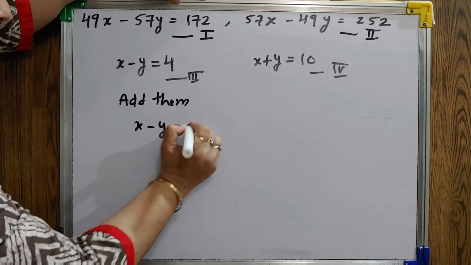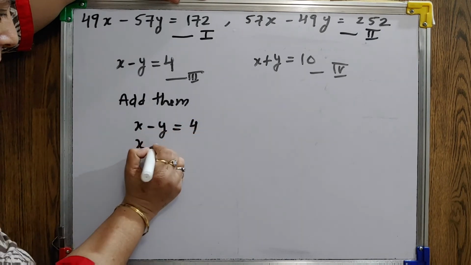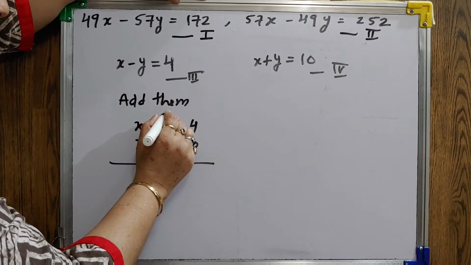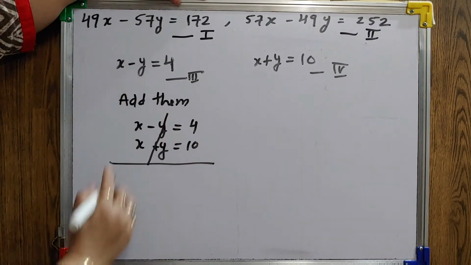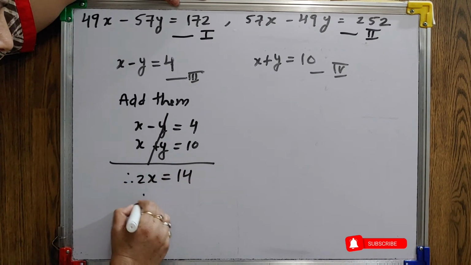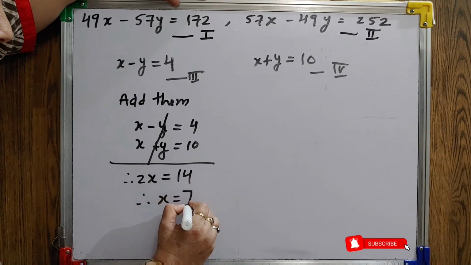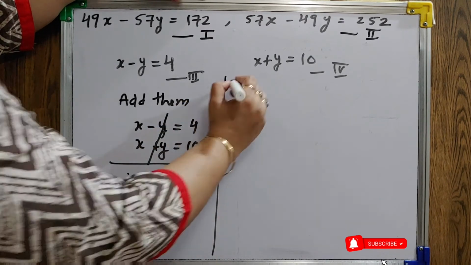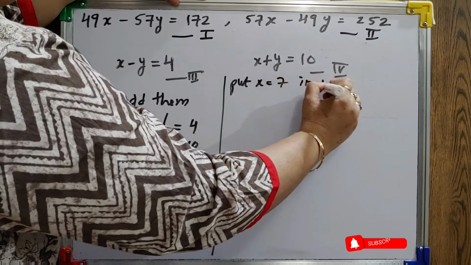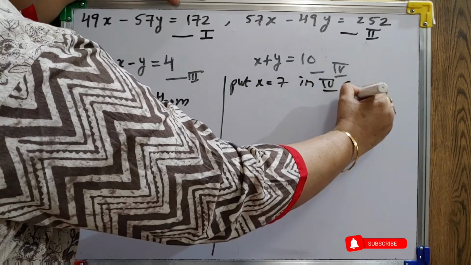So your x minus y equal to 4. Below that, x plus y equals 10. When you add, y gets cancelled. So 2x equals 14. So your x equals 7. Put x equals 7 in the fourth equation.